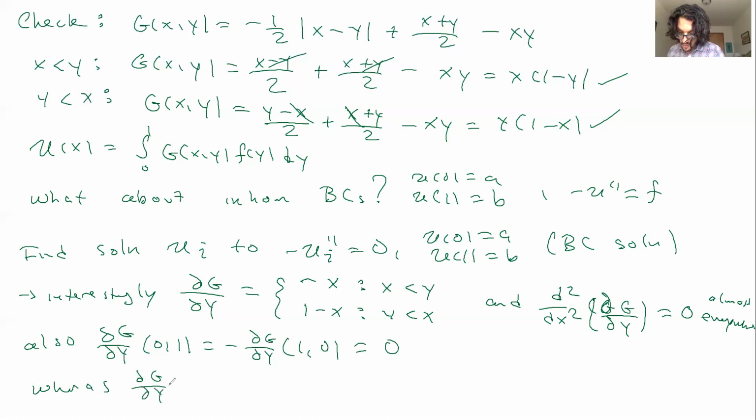dg/dy of 1 from below, and 1 is equal to minus dg/dy of 0 from above, and 0. These are both equal to minus 1. Okay.